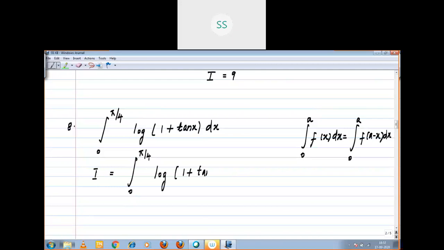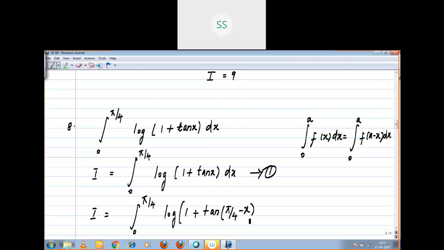Right? Here I already gave a property. What is the property? Tell me, anyone. Yeah, very good. Integral 0 to a f of x dx equal to integral 0 to a f of a minus x into dx. Got it?